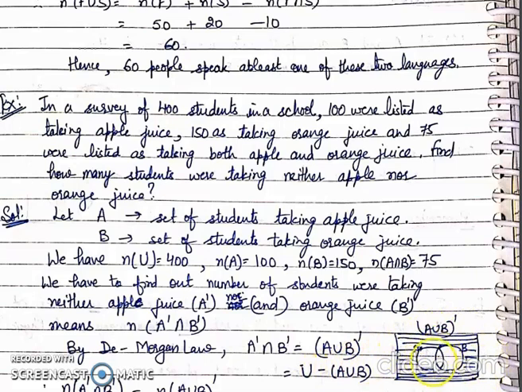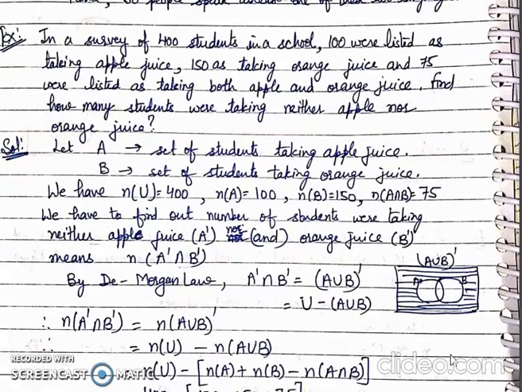A union B means all the elements in circles A and B. So (A union B) complement means all the elements of the universal set which are not in the union, meaning outside the union. So outside the union means universal set minus A union B.